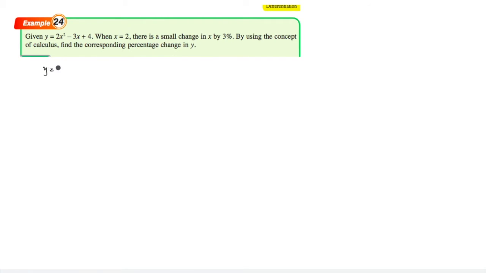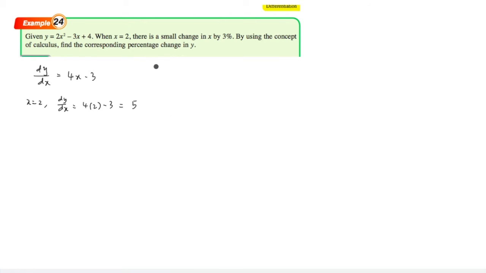Okay, let's do dy/dx. dy/dx equals 4x minus 3. Okay, when x equals 2, dy/dx equals 8 minus 3, which is 5.